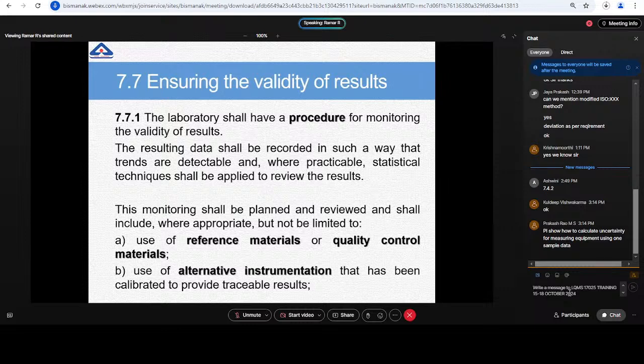Whatever your result, that is what people have to accept. If anybody asks whether it is right or wrong, we may not be in a position to tell. Simply, you can repeat the test and get the same results. Even if you get the same result, your result may not be correct.